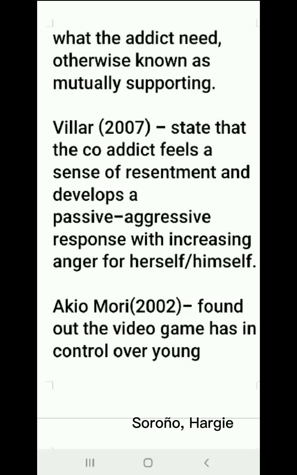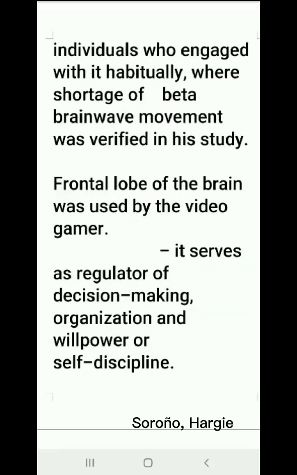Akio Mori found out that video games have control over young individuals who engage with them habitually, as a shortage of beta brainwave movement was verified in his study.